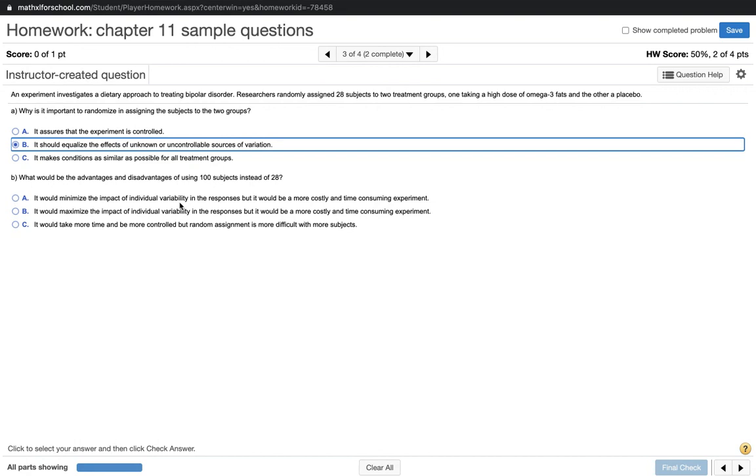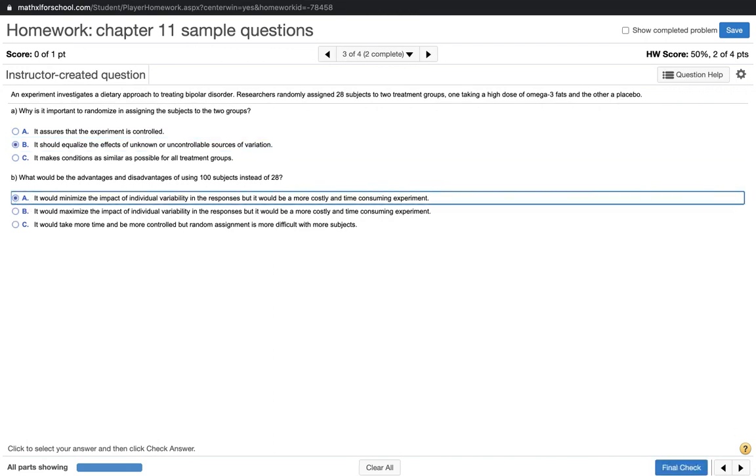And that's what we want to do, we want to minimize it. Ideally, we would want to get rid of the bias totally. But it would be a more costly and time-consuming experiment. That makes sense because more participants means more time to conduct the experiment. So the answer here is A.